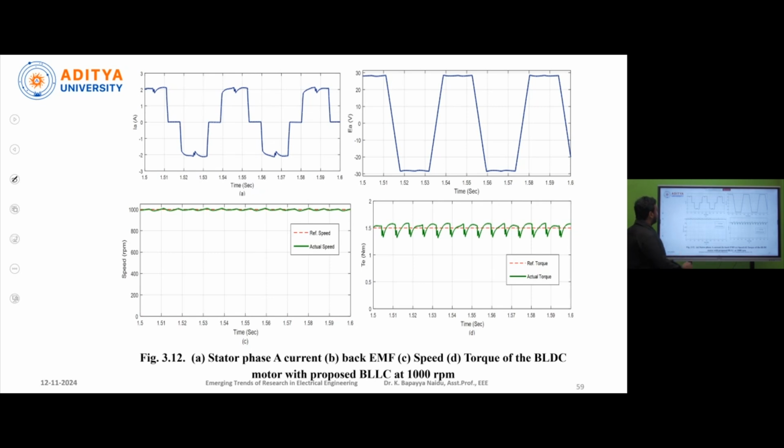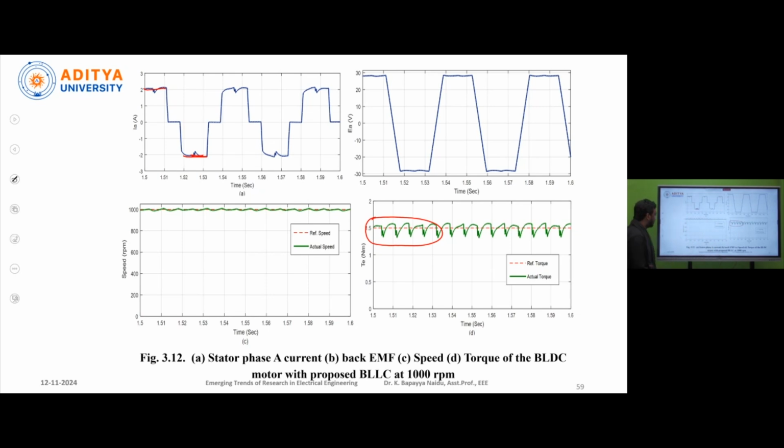Here also, the shape of the stator current, you can observe this here, is also nearer to a square waveform. Whenever there is improvement in the stator current, the ripple factor is also decreased.